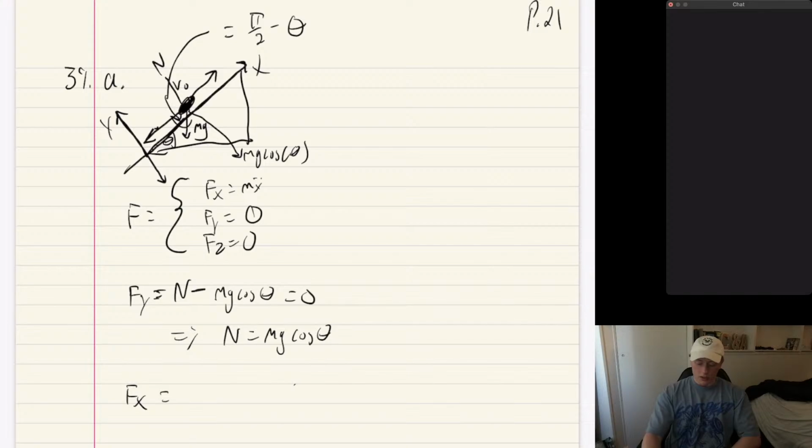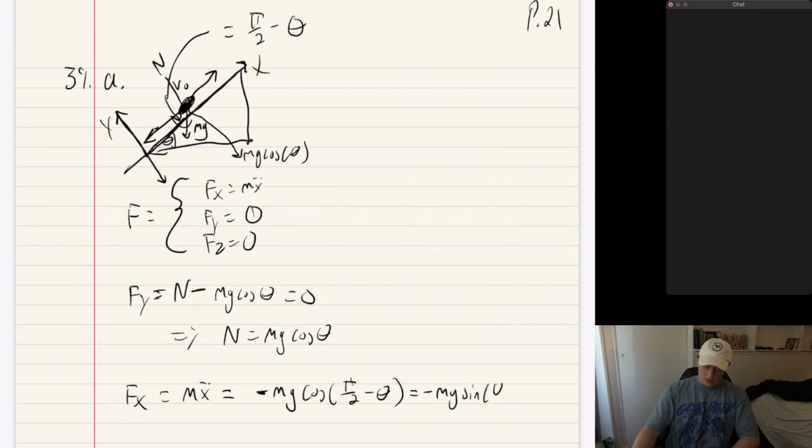No. Okay. It's equal to this, which is equal to mass. I think it's equal to negative mg cosine of pi over 2 minus theta, which should be equal to negative mg sine of theta.